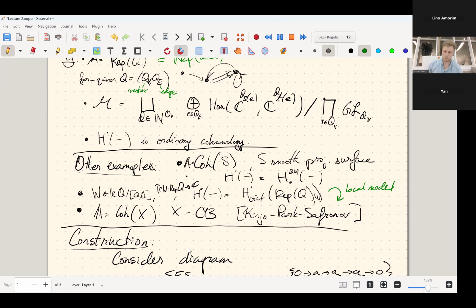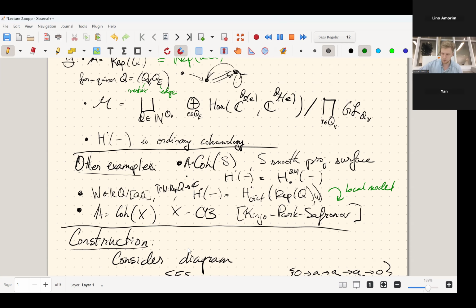So maybe one thing I can say is that the main theorem that we announced in the last lecture doesn't define a geometric construction starting from the full DG category. But the expectation, which we're not able to prove, is that the category C that we described in the last lecture, with the appropriate braiding, is itself preserved under mutation.